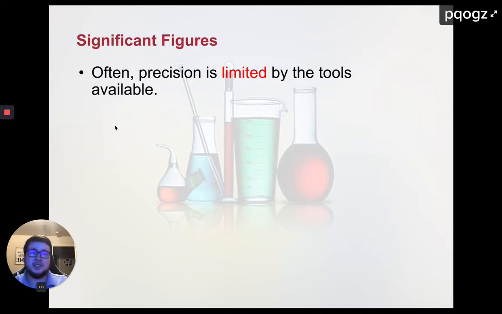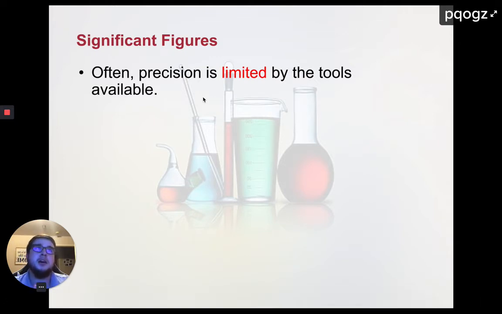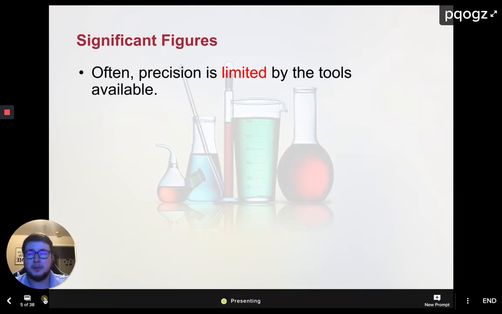It's not as precise as doing it with a digital scale. So precision is limited by the tools available. The more precise our tool, the more decimal places we can have in our measurements, and the more significant figures we'll have. And we'll talk about what that means.